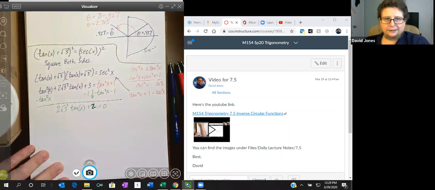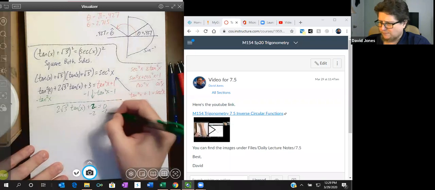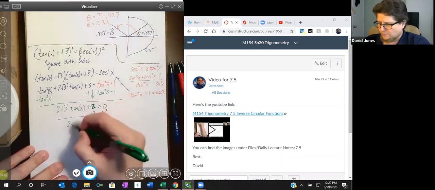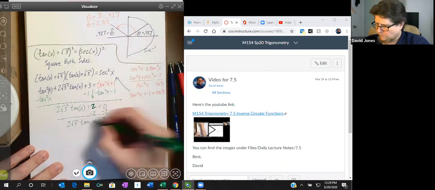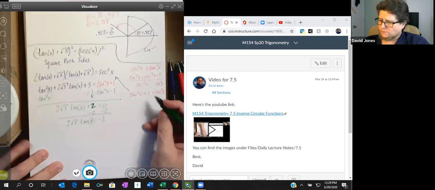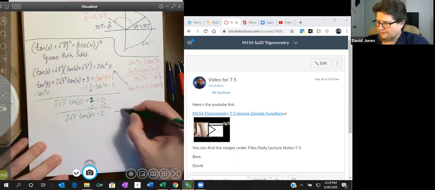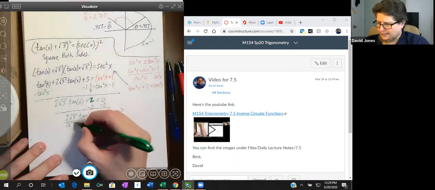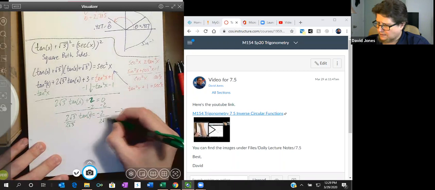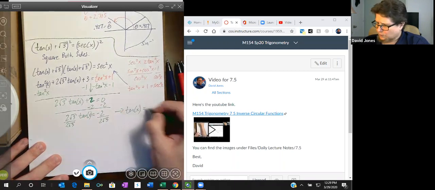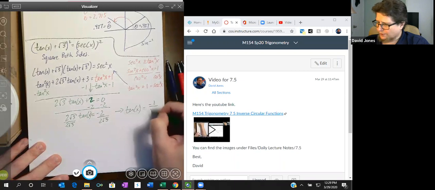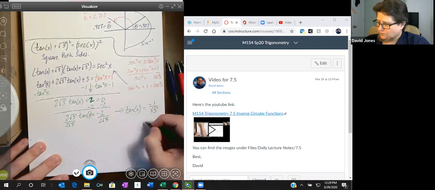Get your math together. Let's move the 2 over. And when I divide both sides by 2 root 3, I get tangent x equals negative 1 over the square root of 3, which is negative square root of 3 over 3.